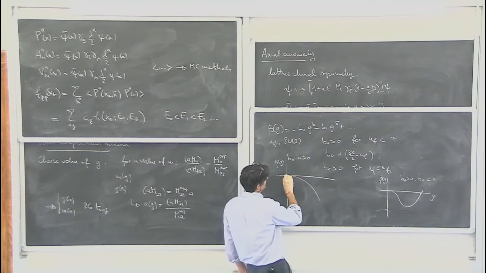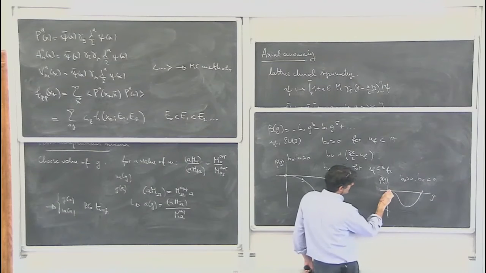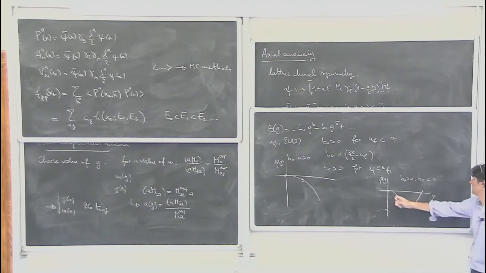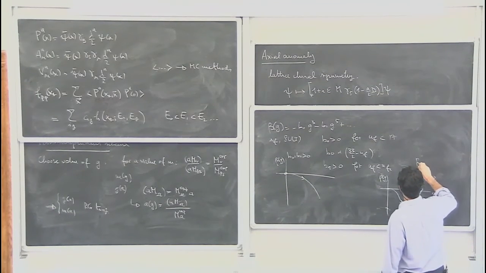Now this is the usual ultraviolet asymptotically free theory, and this is a theory that is asymptotically free in the ultraviolet, but then runs, slows down, and eventually is conformal at large distances. These theories are called Banks-Zaks theories.